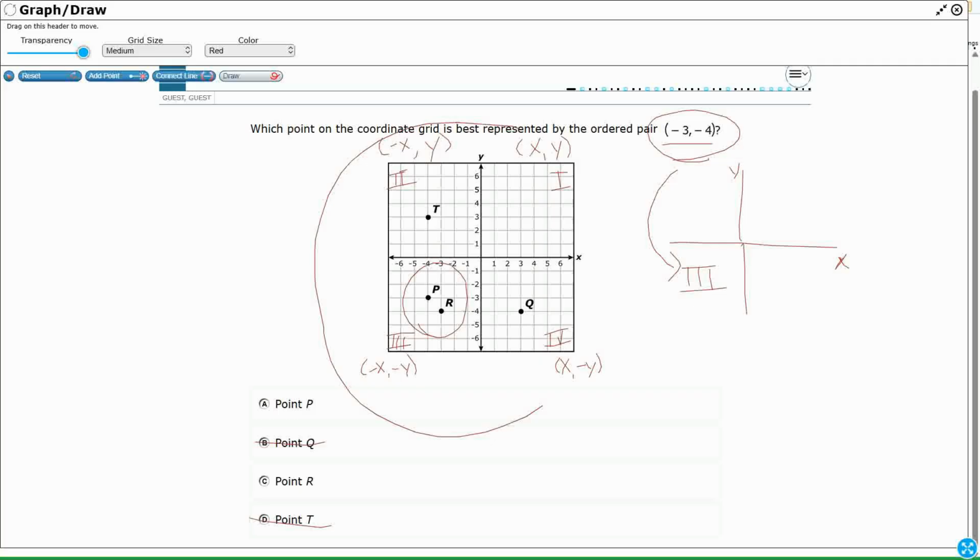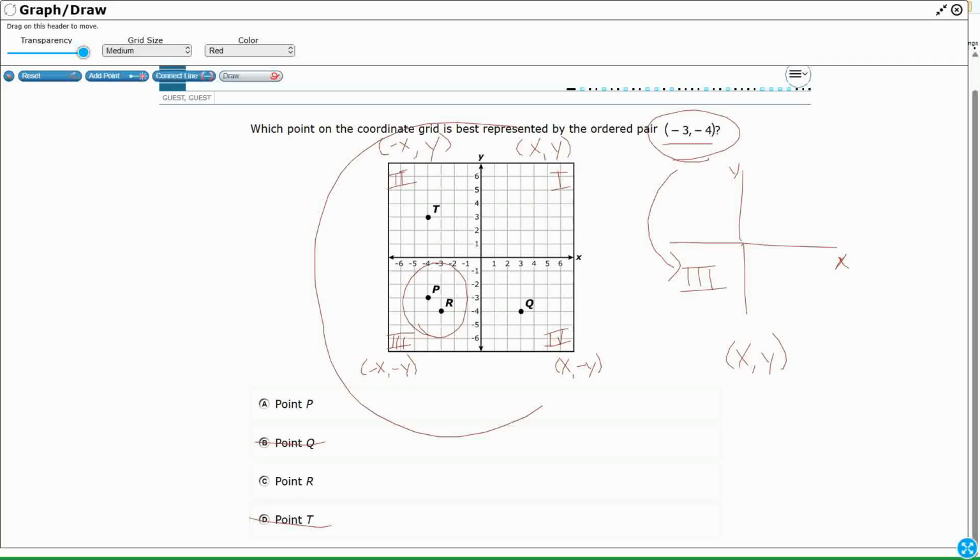Now, the trick here is which one is the X and which one is the Y. Well, as I was labeling these coordinates, you notice I always put the X in front and the Y second. So when we were looking at the quadrants, it's always the X first, the Y second. Now, sometimes the X is negative or positive, sometimes the Y is negative or positive. And so we always have our X value first because alphabetically X comes before Y.